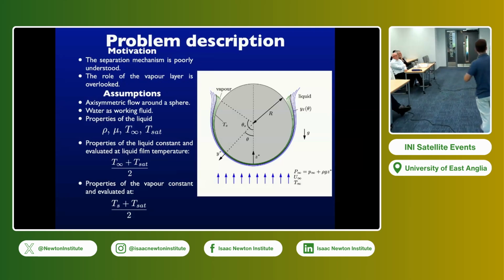With that, we aim to understand which are the mechanisms that really explain the separation of the flow, and then to really understand if the vapor stream plays any role in the results observed in the experiment. So, assumptions: we consider axisymmetric flow around the sphere.